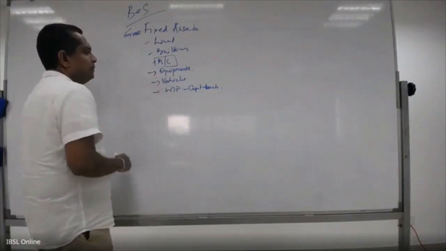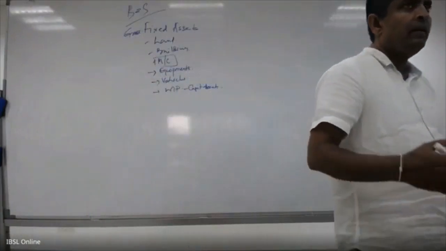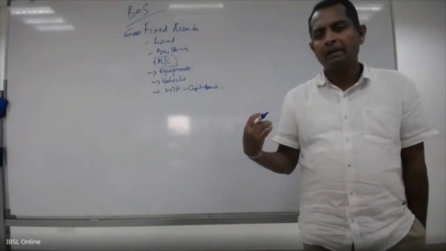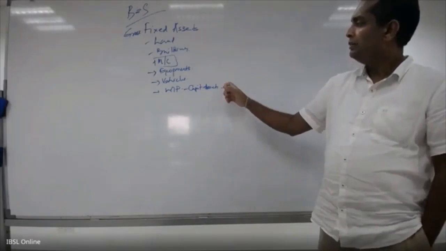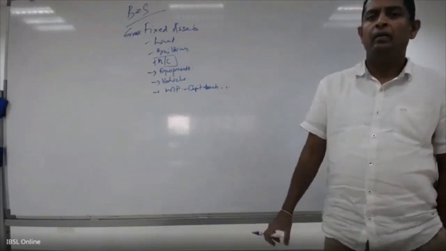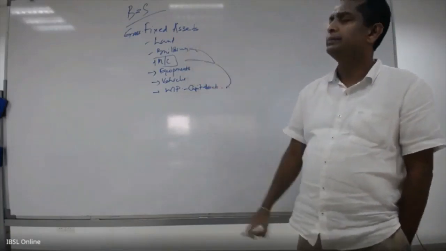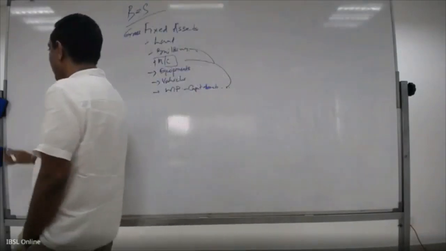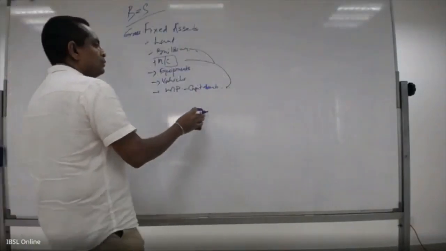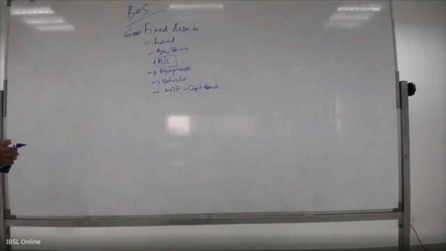Work in progress: if you are constructing a machine or a building, when it is part built or part constructed, that is here. Once you fully complete it, it goes to the relevant asset category.